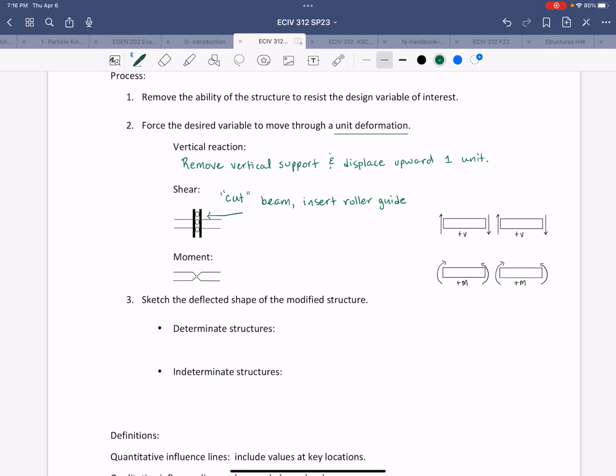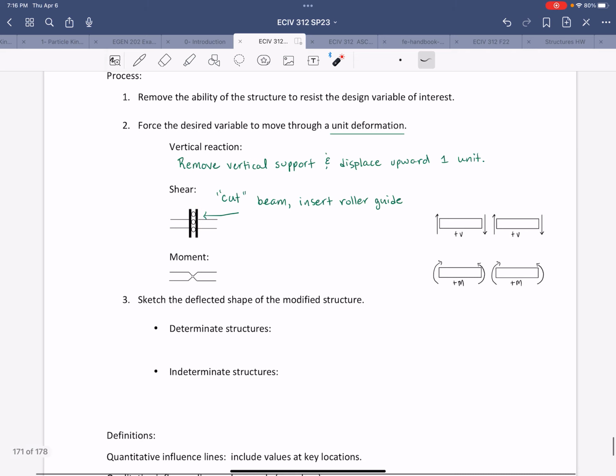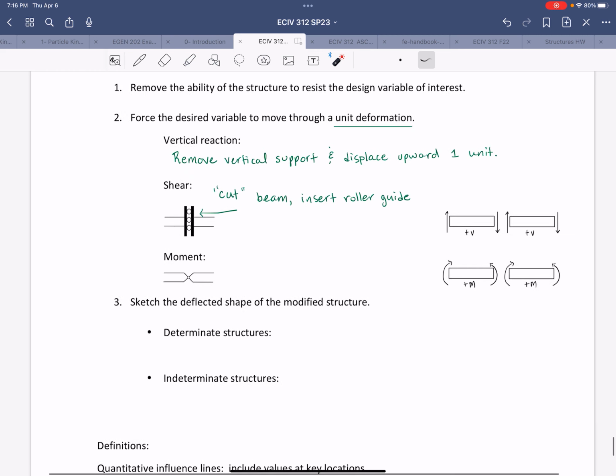This roller guide does not allow for any rotation or axial movement at that location, but it does allow vertical displacement up or down. So the displacement can be different between the two ends, right? So we're basically slicing the beam and then displacing it a unit total between the two ends.